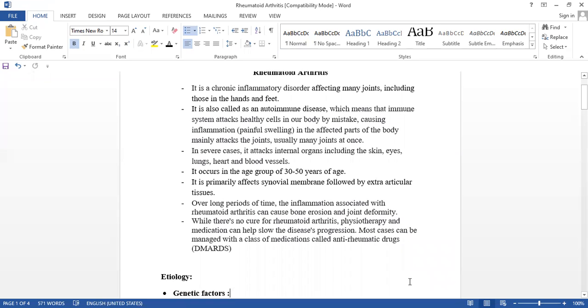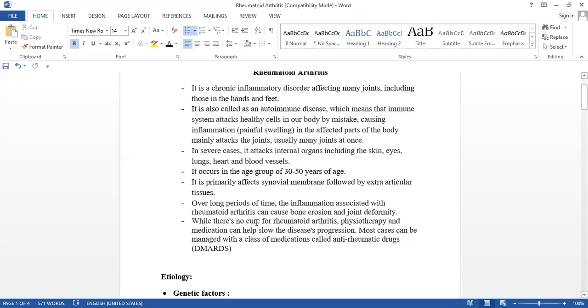It changes the shape and size because of the erosion of the bones. If it is for long periods of time, if we do not take care, then that inflammation can cause the erosion of the bone and joint deformities. Actually, there is no cure for rheumatoid arthritis.